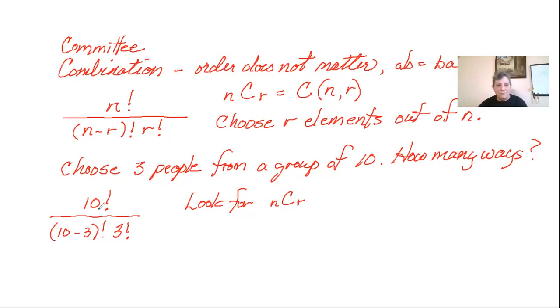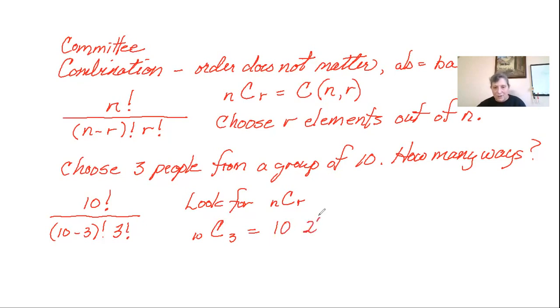So if I want to real quickly figure out what 10 choose 3 is and just use my calculator, I have to turn it on. Hit 10.